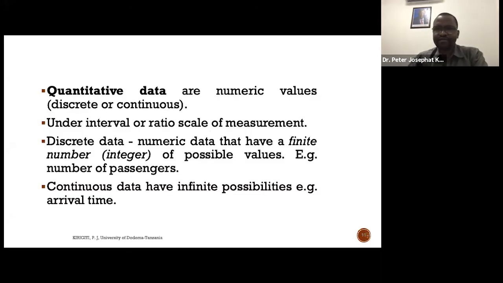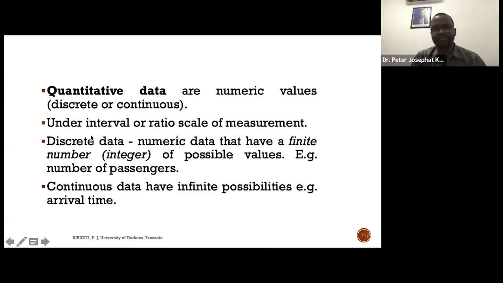For quantitative, which we are saying has numeric values, then we have discrete or continuous. That means we have integers, and we might have data which have fractions, which is continuous. And if we have quantitative data, then the appropriate measurement scale is interval or ratio.